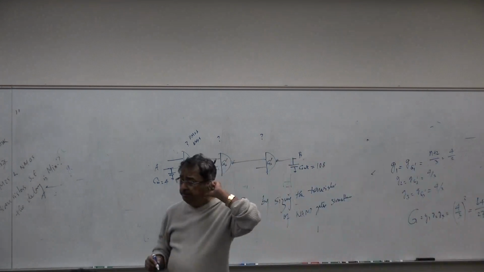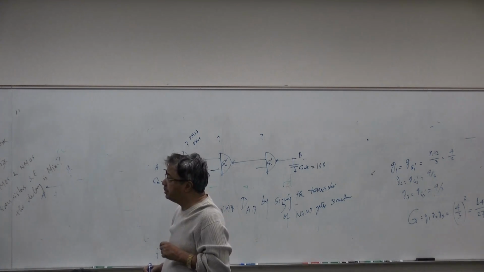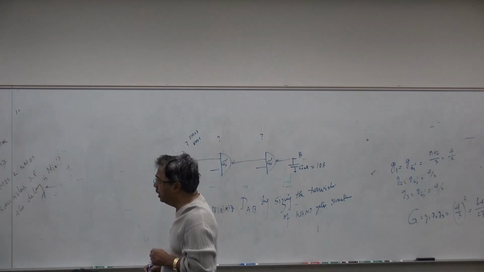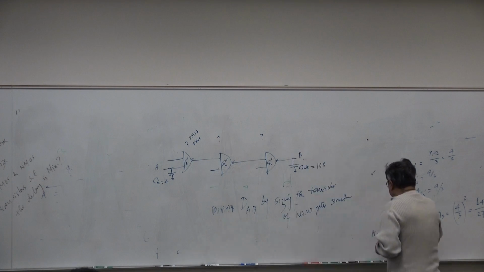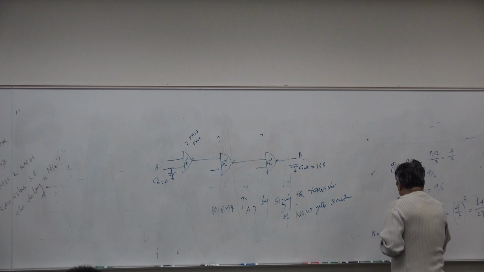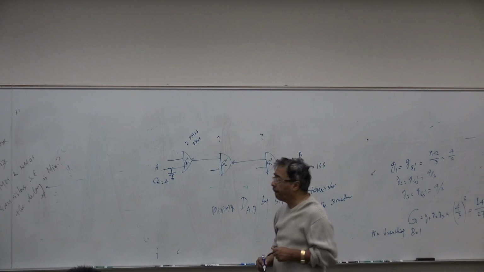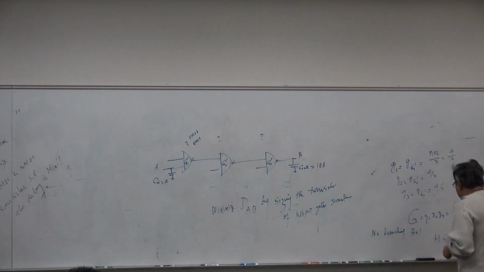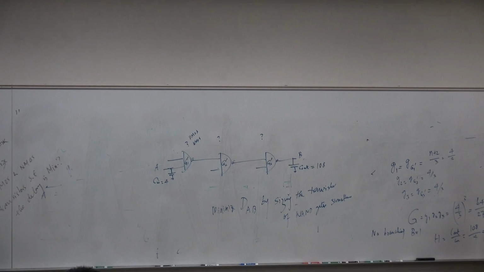So that's the value of G. There is no branching, so capital B is equal to 1. H is equal to C out by C in, which is 108 by 4, which is 27.